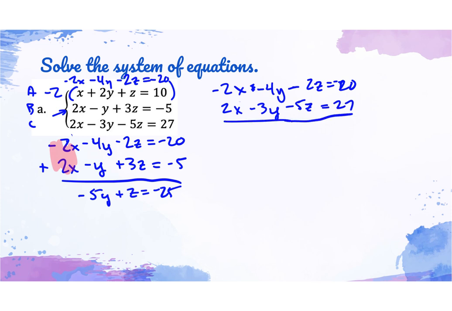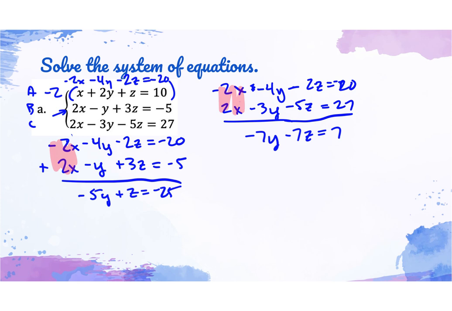Again, the x part is going to go away. I'm going to have minus 7y minus 7z, and that's going to equal 7.